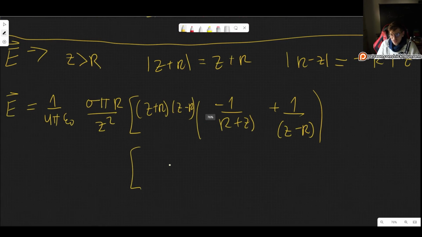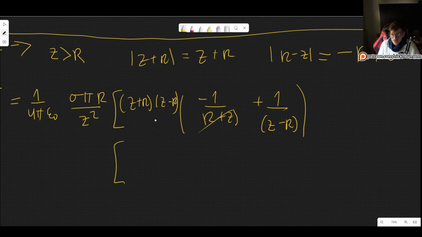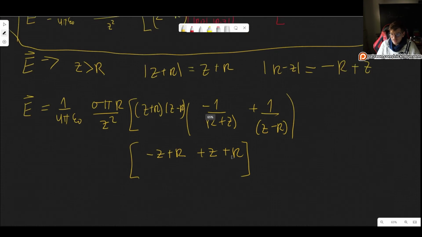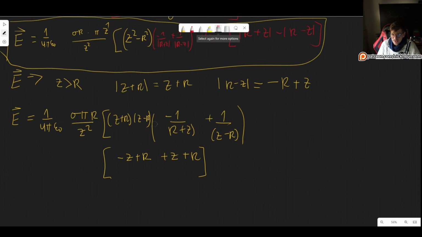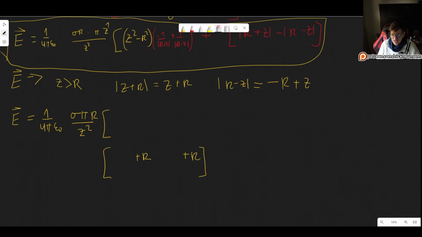If we multiply through with the first term, this will cancel out that, so we get minus z plus r. And when we multiply the second term, we get plus z plus r. And then we still have the second part, so this is what we get instead of that. So here the z's cancel out, and we get 2r.